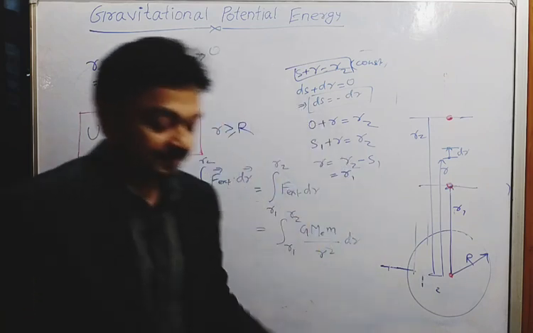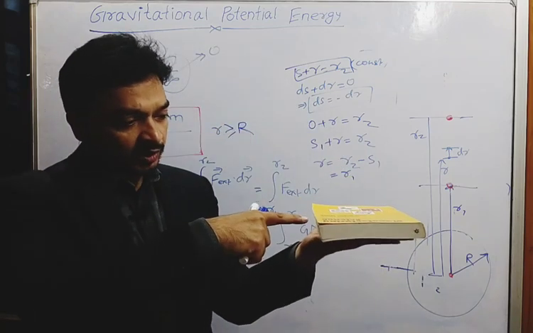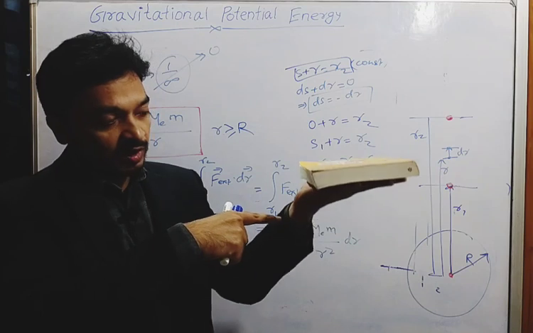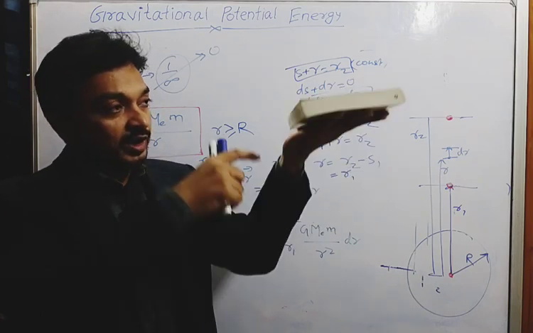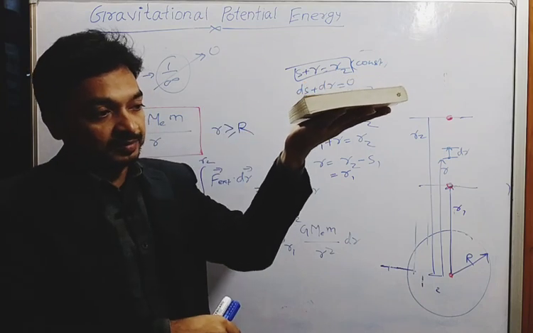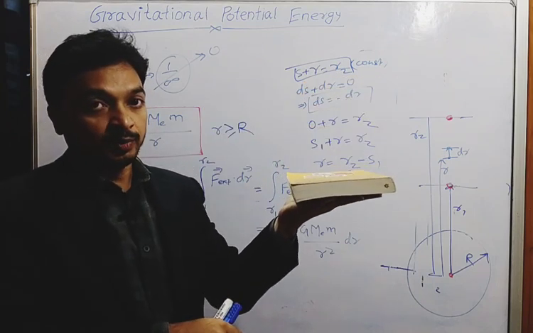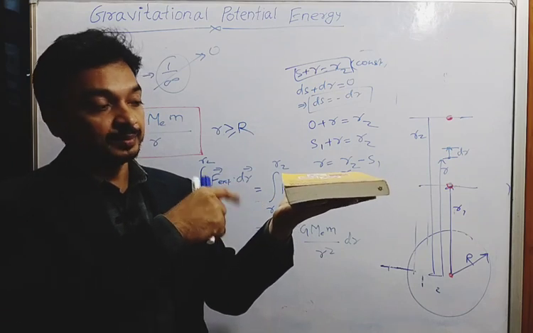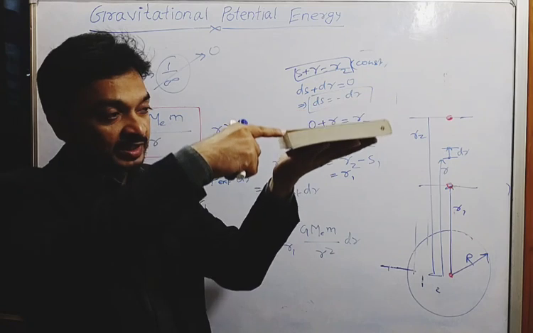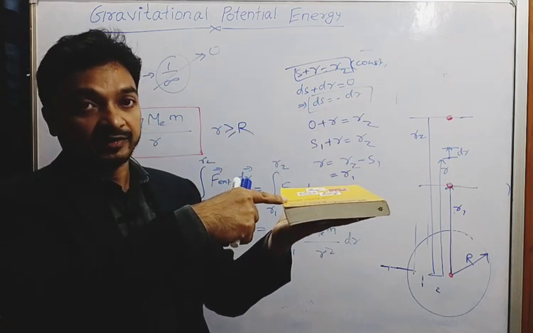What is this? This is work done from R1 to R2. Now observe it. Work done from R1 to R2 is positive, and work done from R2 to R1: force is same, displacement is same, but direction of displacement is different.